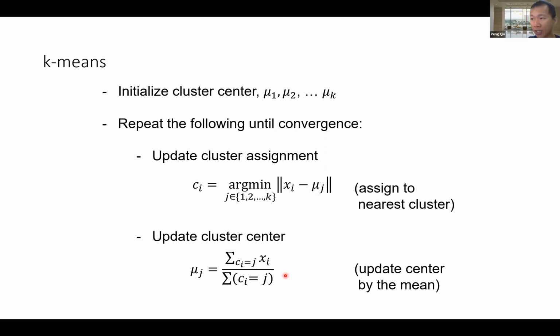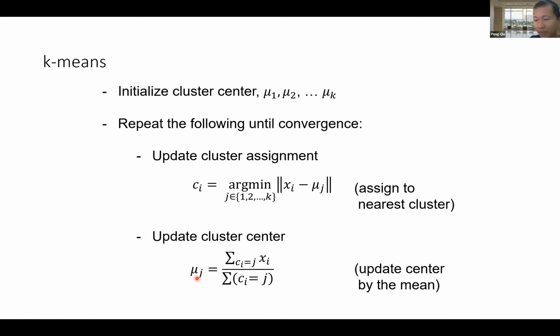After that, once we have the cluster assignment, we update the cluster centers by taking all the data points assigned to the same cluster and taking their average, finding their center, and that's the new cluster center for each cluster. We iterate until the cluster assignment does not change anymore. Once the cluster assignment doesn't change, of course, mu will not update, and the algorithm will converge, and nothing more will happen, even if we keep iterating.